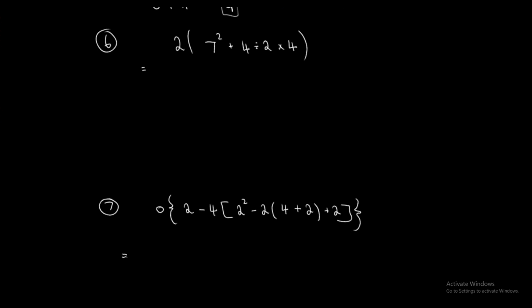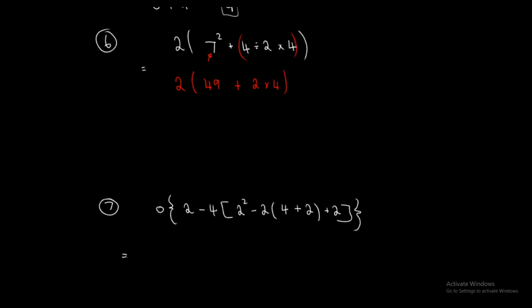Okay, I'm going to do 2 more examples. Ooh, what do we have over here? Here I'm going to separate my inside, so I'm going to draw my own parentheses. So 2 multiplied by, this one I can solve already, that's going to give me 49. Plus 4 divided by 2 is 2.